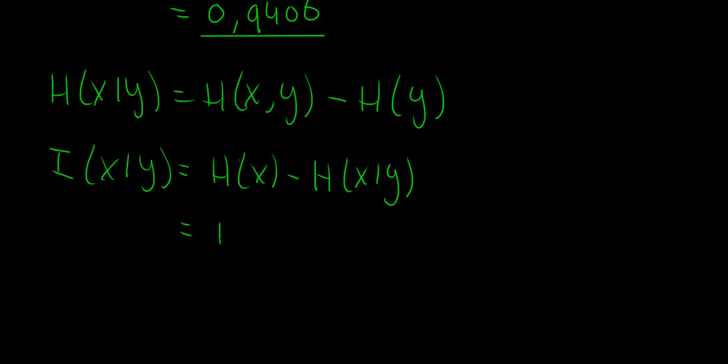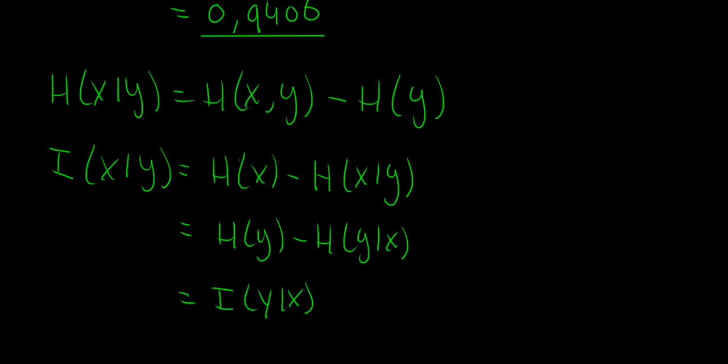And coincidentally, this is actually the same as the entropy of Y minus Y given X. The information of Y given X is symmetrical. The information of X given Y is exactly the same as the information of Y given X.